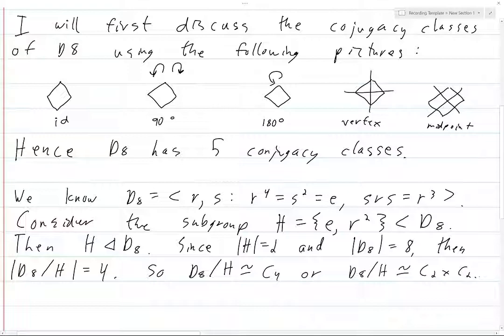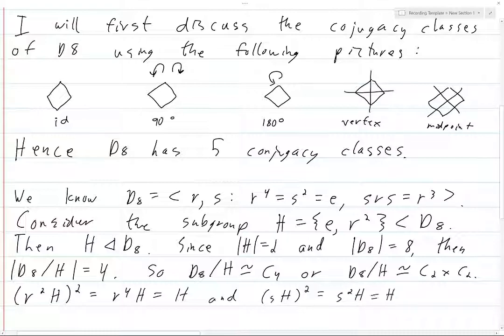Let's consider two elements of this. One element we have is R squared times H. And what happens if we multiply that by itself? Then we get R to the 4th H, which is just H. And what about S? S squared will just give us S squared H, which is equal to H.